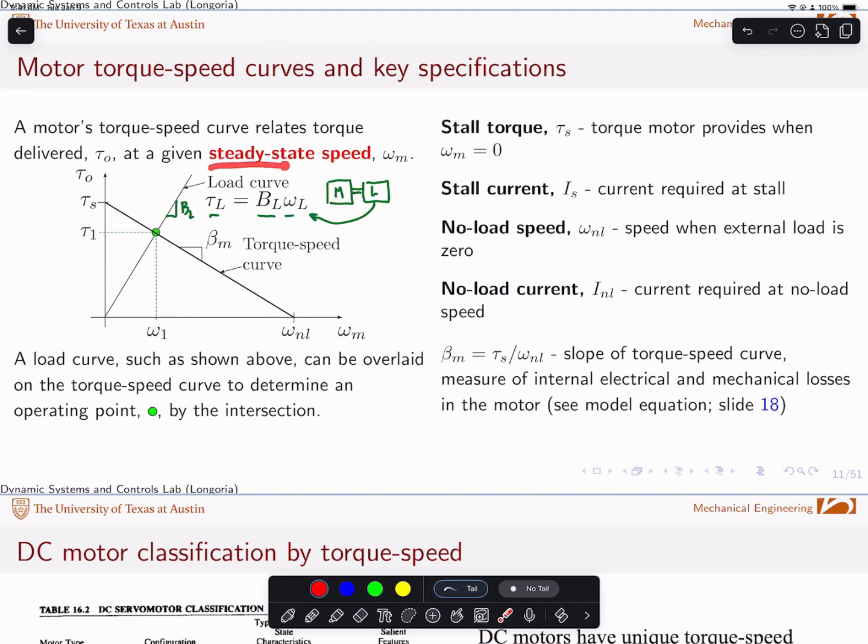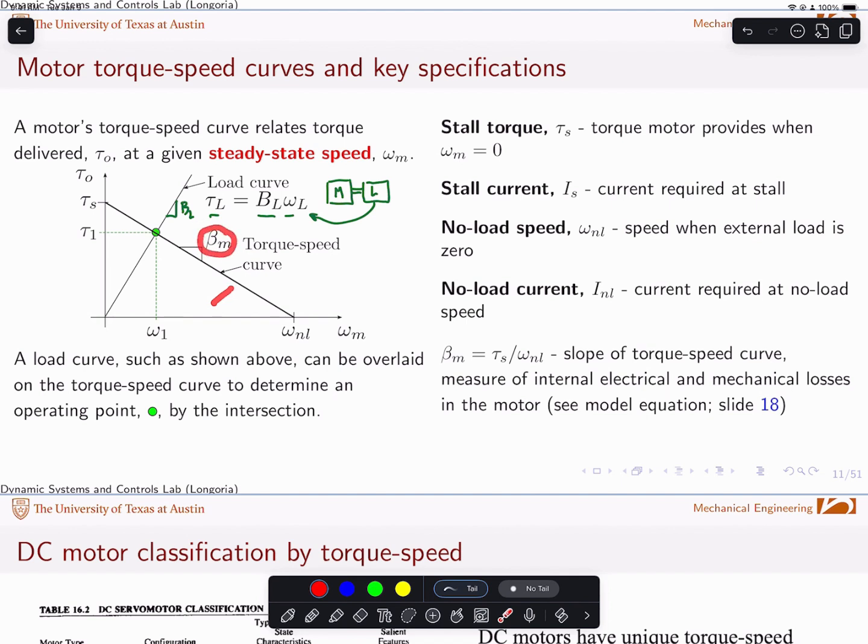Keep in mind, this is a steady state characterization of the motor. The motor itself might have dynamics, or it might be operated dynamically. In those cases, we might take into account dynamic effects that I'll talk about shortly when we look at a model and the derivation of the torque speed curve and what it does not include.